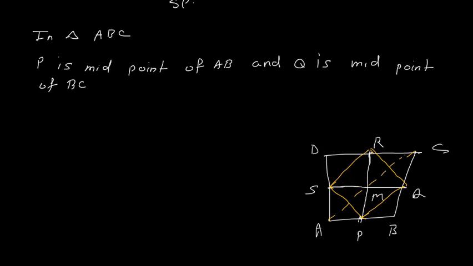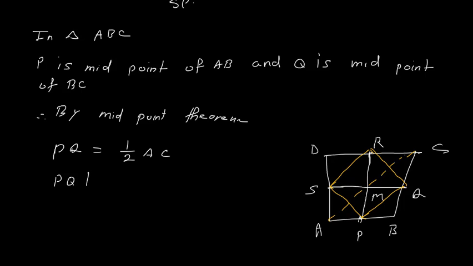P is the midpoint of AB and Q is the midpoint of BC. Therefore, by midpoint theorem, PQ is equal to half of AC and PQ is parallel to AC. PQ is half of AC and PQ is parallel to AC. This I will consider equation 1.